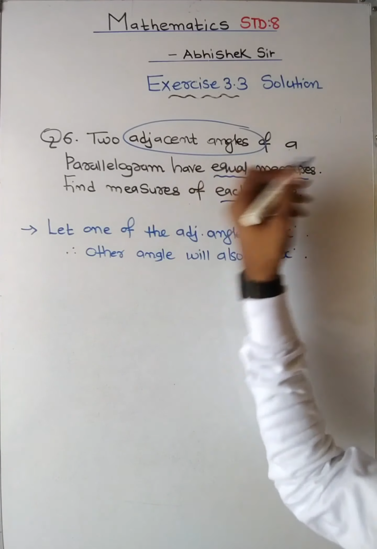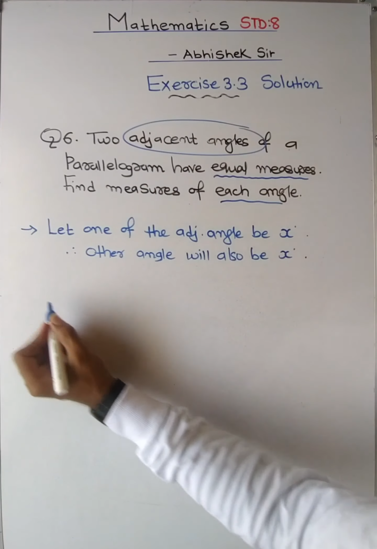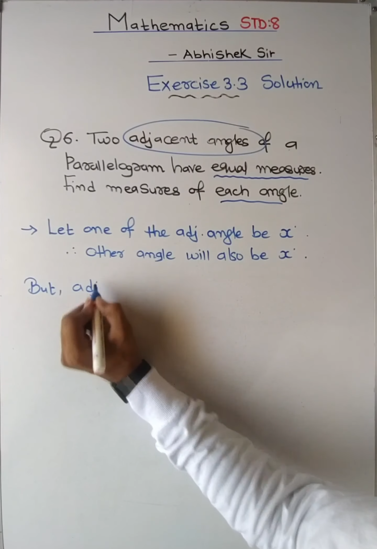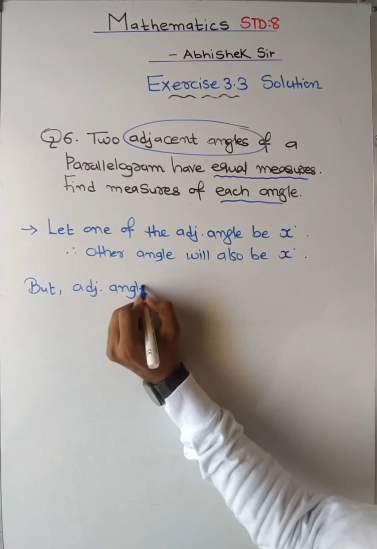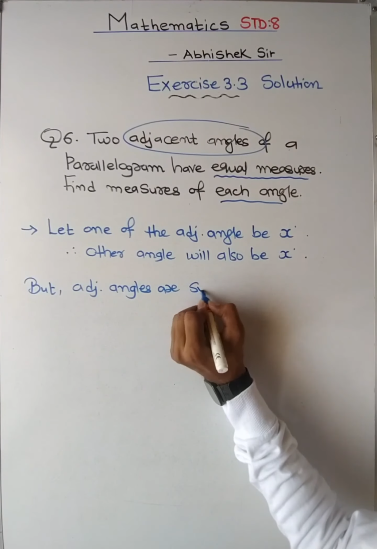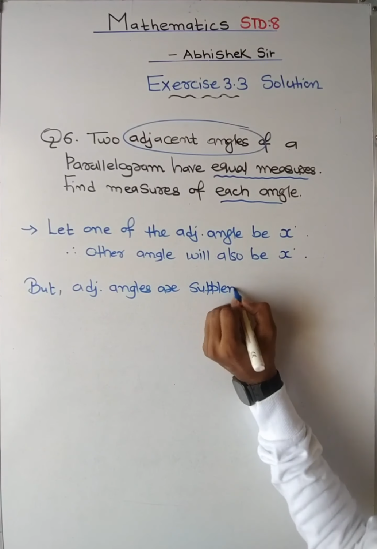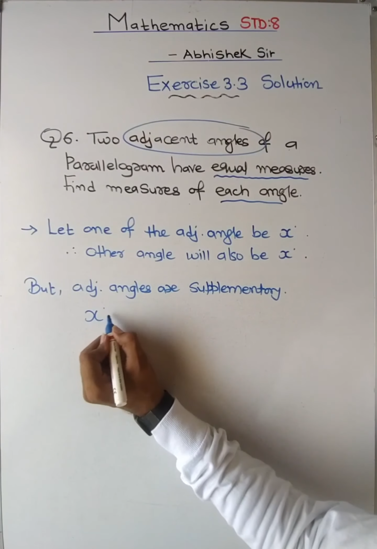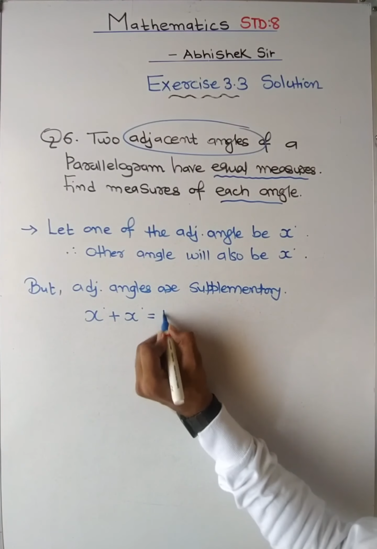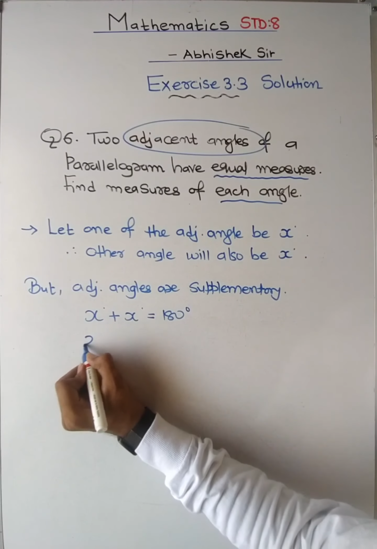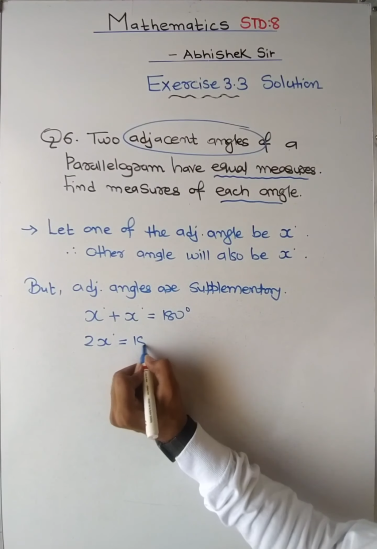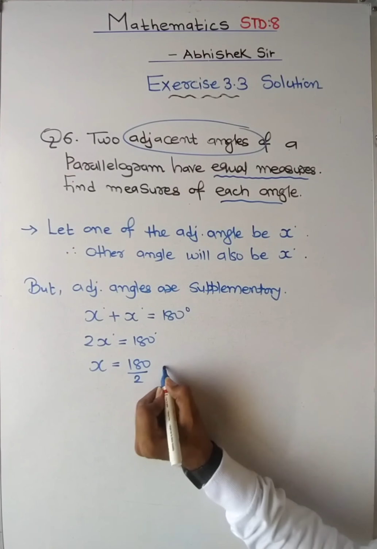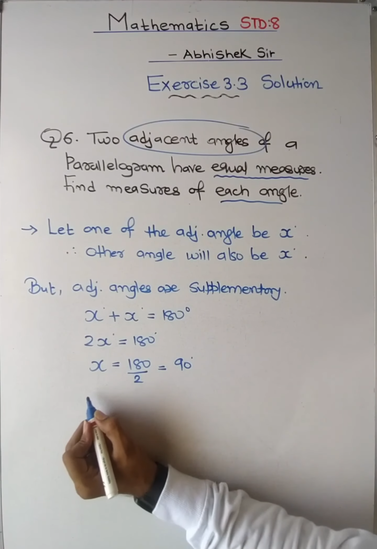And if we use the property that adjacent angles are supplementary, we have to add both. x plus x gives 180, so 2x is 180. So what is x? It is 180 divided by 2, that means it is 90 degrees, right?